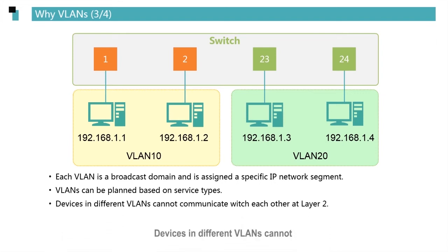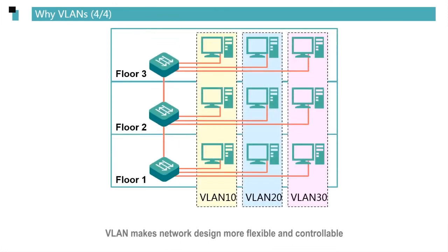Devices in different VLANs cannot communicate with each other at layer 2. VLAN makes network design more flexible and controllable. VLANs are virtual LANs and not limited by devices. They can be flexibly planned based on service types in various scenarios.